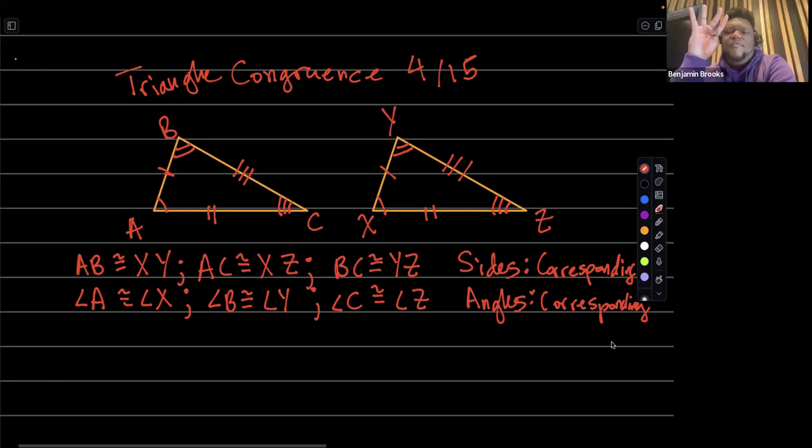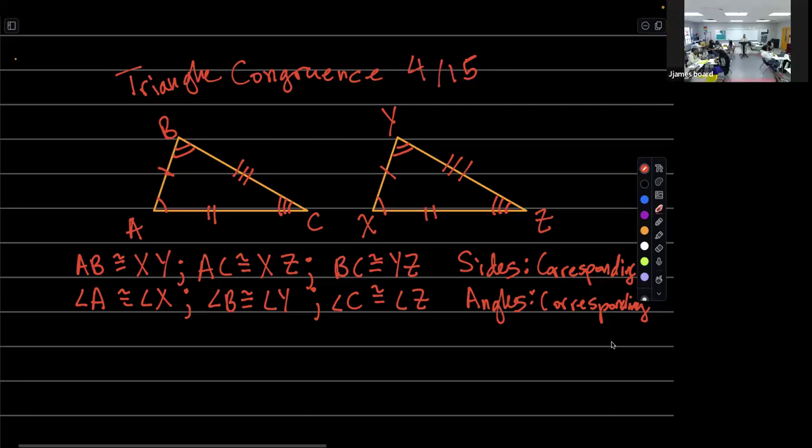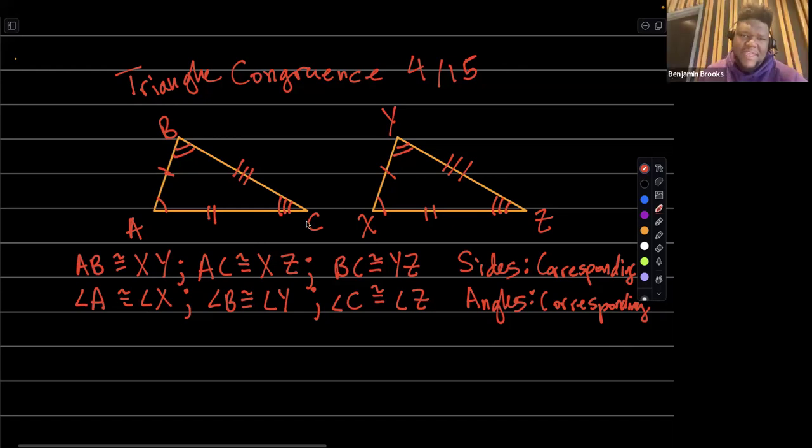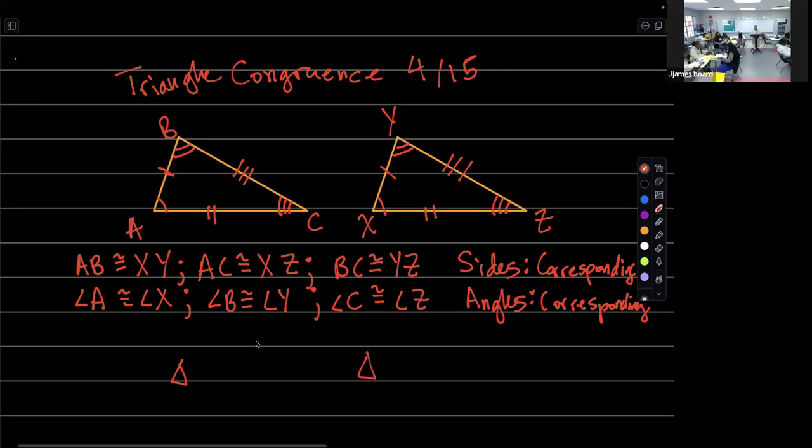Now, there are 4 congruence postulates, I think. I'm going to see if I can remember them. But before we even get into that, how would I write that these triangles are congruent? How should I write that the triangles are congruent?